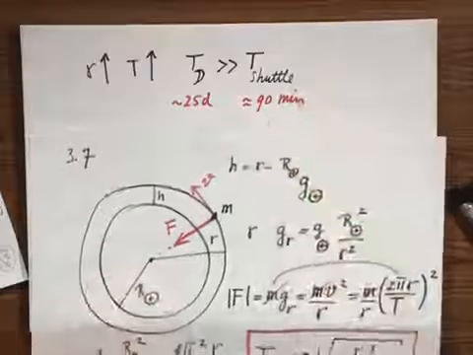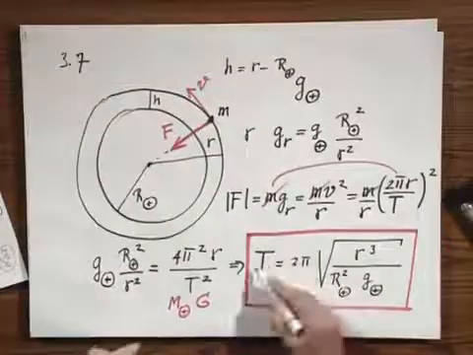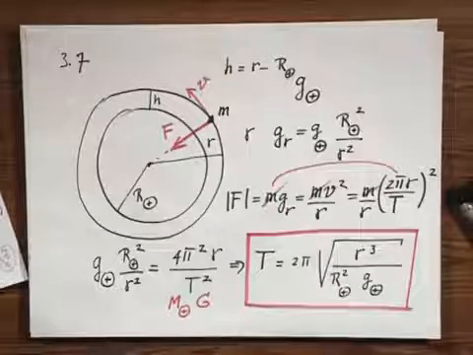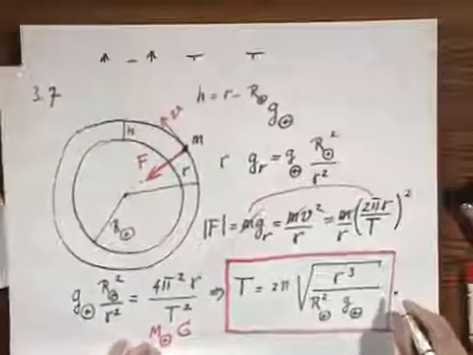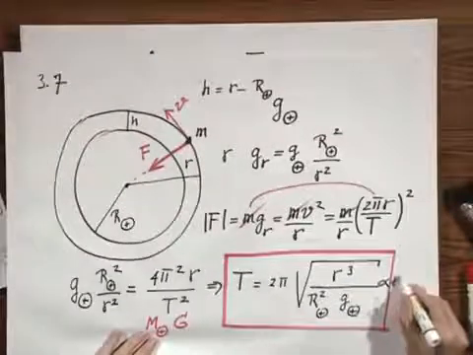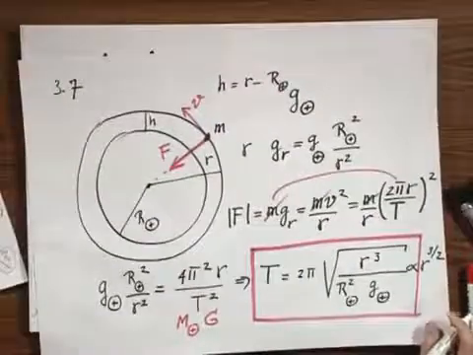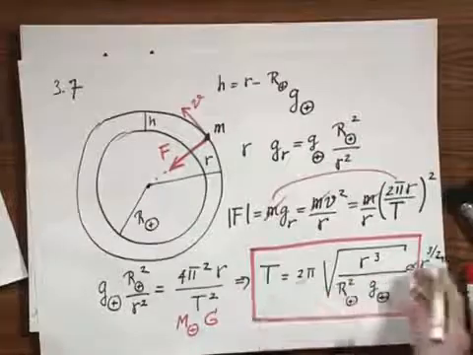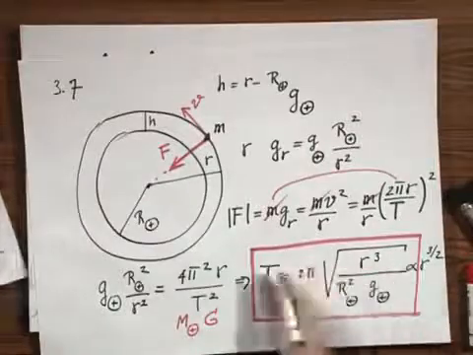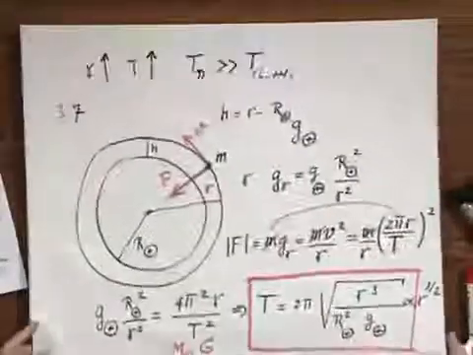So it's completely pleasing that r is upstairs here, and when r goes up, that T goes up. Of course, it's by no means obvious that this one is proportional to r to the power 3/2. That is a little bit harder to see, to say the least. But in any case, qualitatively, this goes exactly along the lines of our intuition.